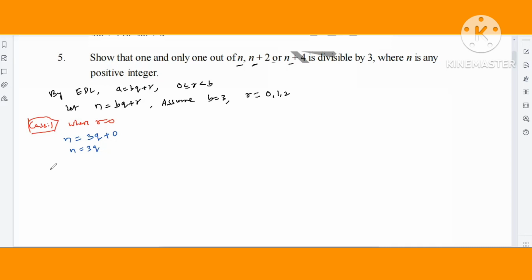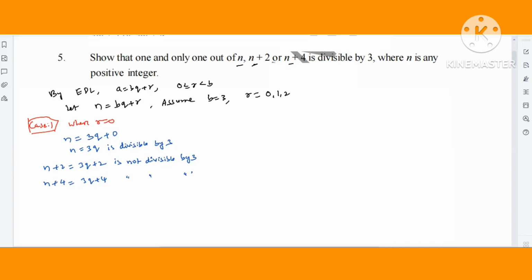Now we also have to discuss n plus 2 and n plus 4. n is divisible by 3. But n plus 2, which is 3q plus 2, is not divisible by 3. n plus 4, 3q plus 4, is not divisible by 3.